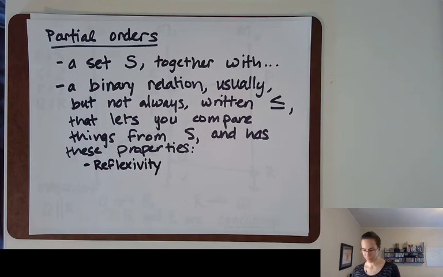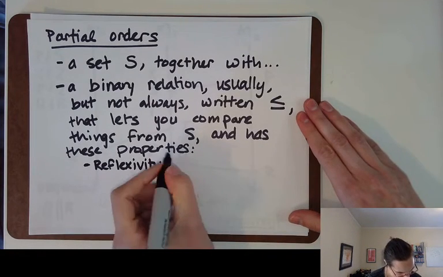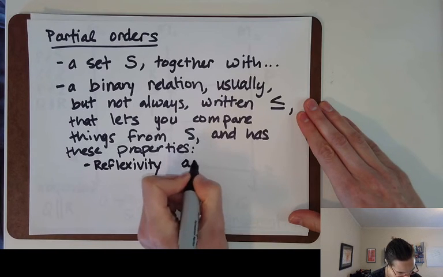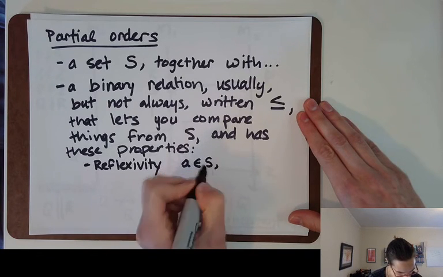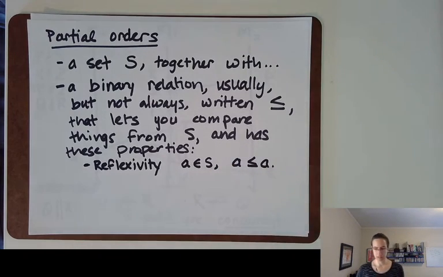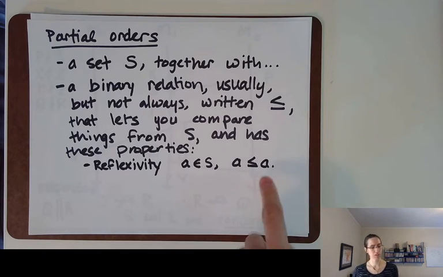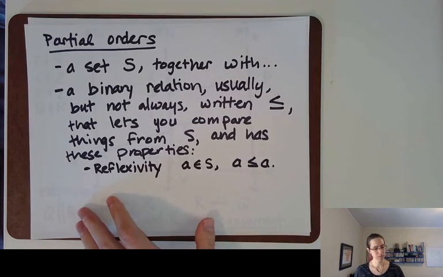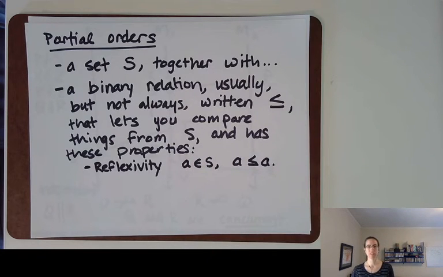What does that mean? It means that for all A that are in this set S, A is less than or equal to A. What else does a partial order have to be? Yeah, you can compare an item to itself, sure, and an item is less than or equal to itself. Okay, transitivity. Let's put that one last.